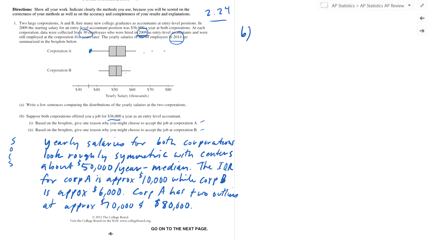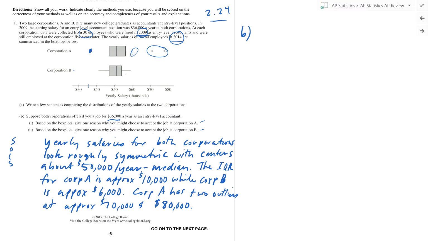But what's the advantage? Well, you've got some outliers up here. You've got a chance of earning much more than Corporation B, potentially. Plus, you've got some up here that are higher than Corporation B. So that's why I would choose Corporation A.